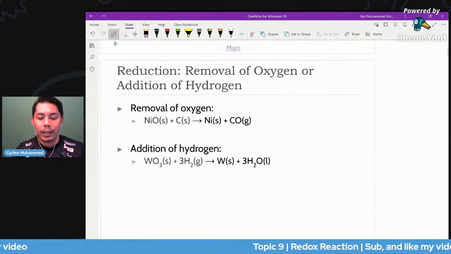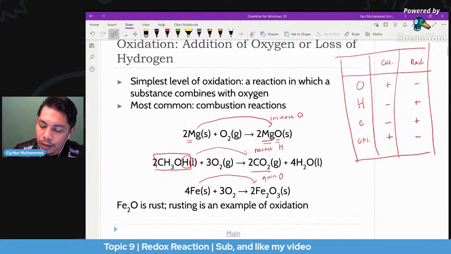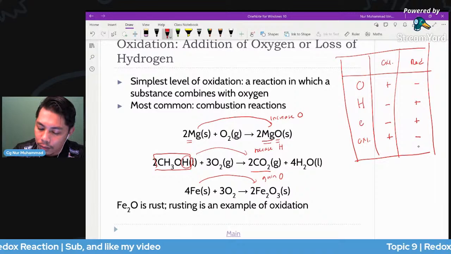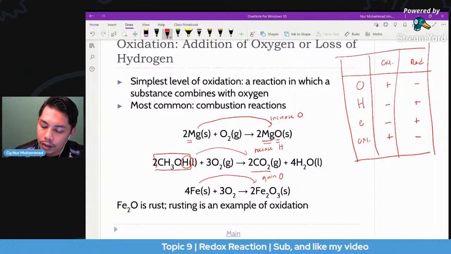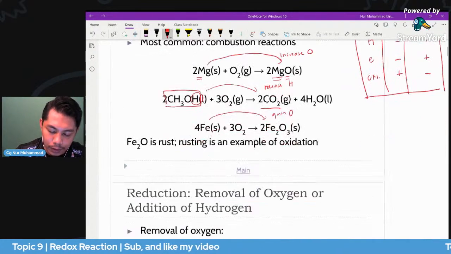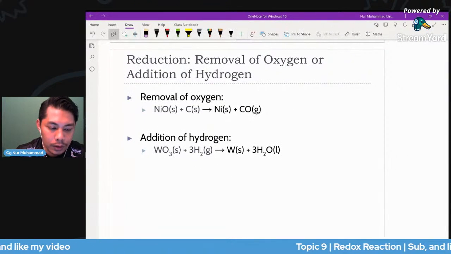Alright, how about the reduction? So reduction, kita recall balik. Reduction, it must reduce atau lose oxygen. The substance must gain hydrogen. The substance must gain electron and reduce the oxidation number. Okay, so example, removal of oxygen.